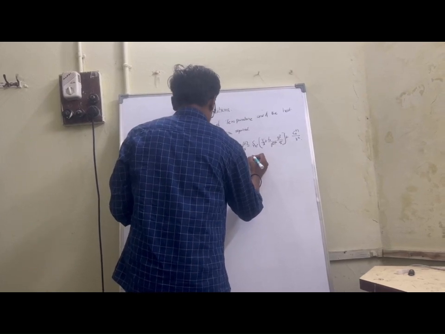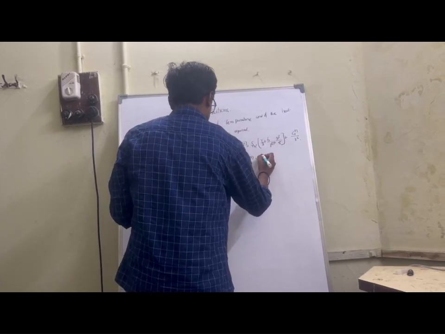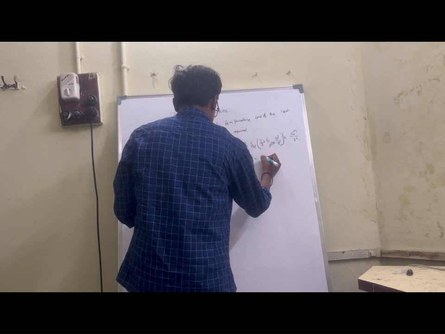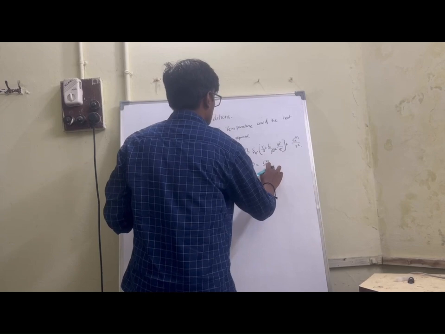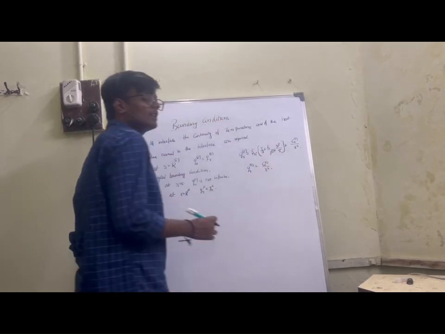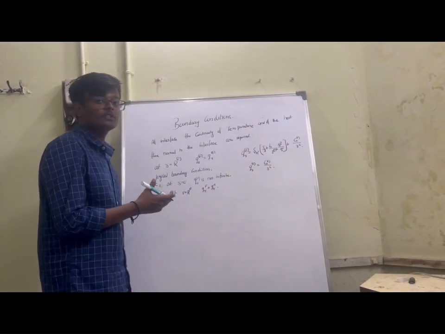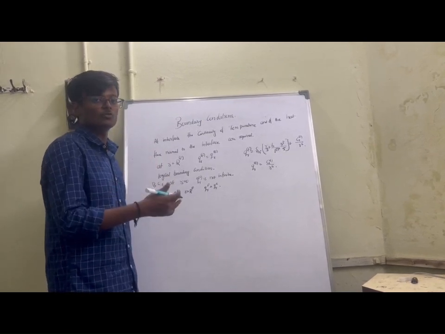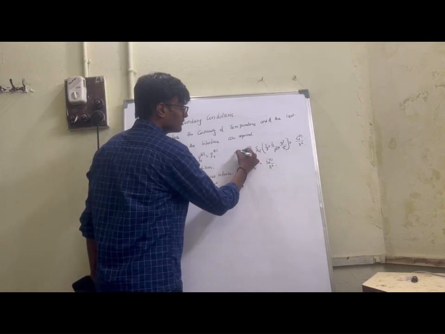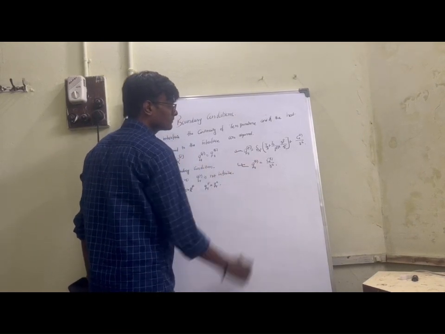Second equation is QRC, which is equal to the C1C by R square, which we derived before by integrating equation 1 and equation 2.